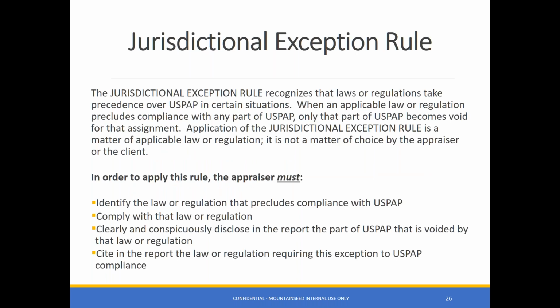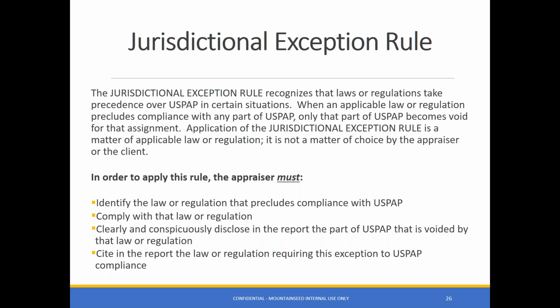Not going to get into the jurisdictional exception rule too deep here. Just quickly, the jurisdictional exception rule basically states that if following USPAP in a certain jurisdiction, typically a state or a locality, would cause you to violate a law in that jurisdiction, you can deviate from USPAP.